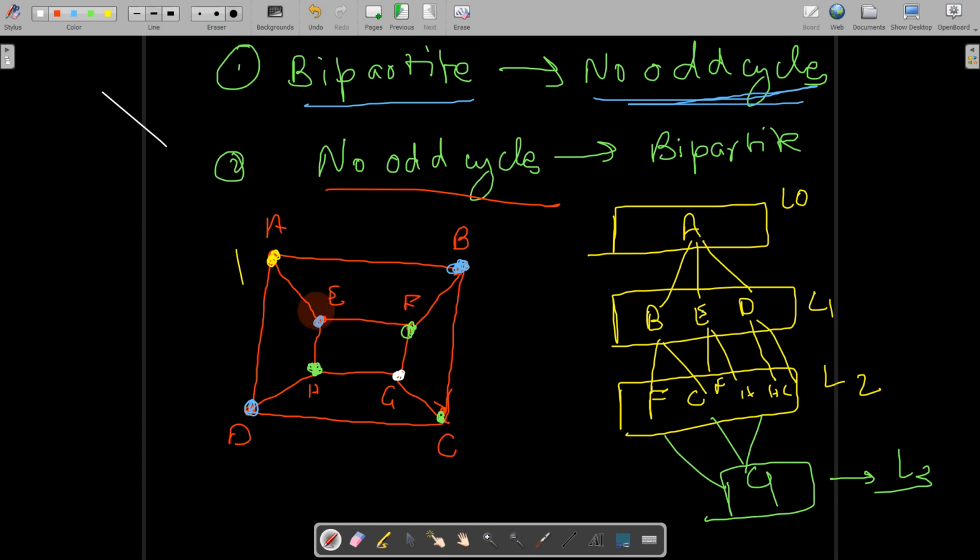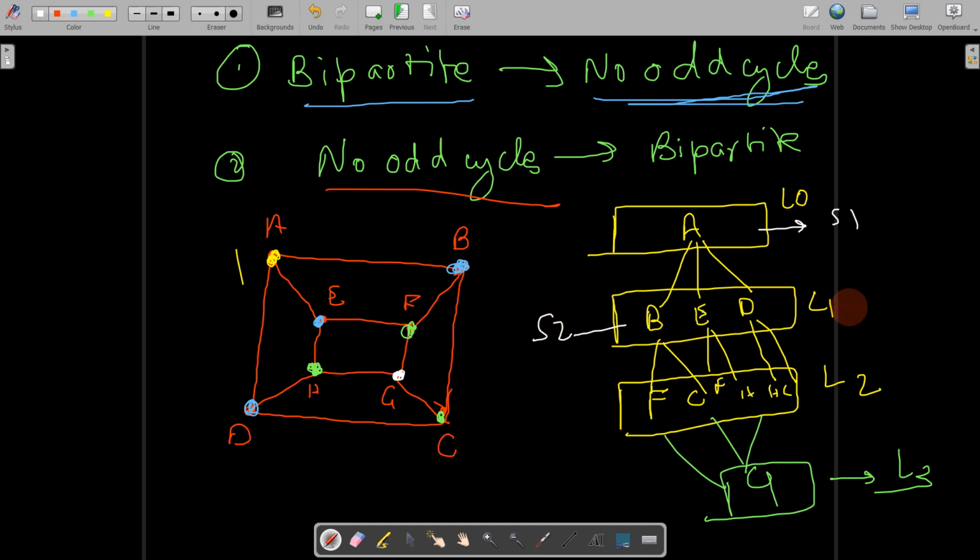Okay. So what we can do over here, we know that our adjacent vertices should be in two different sets. For this graph to be bipartite, our edges should be across the sets. So we will put level 0 in set 1, level 1 as it is adjacent to A, so it has to be put in set 2.